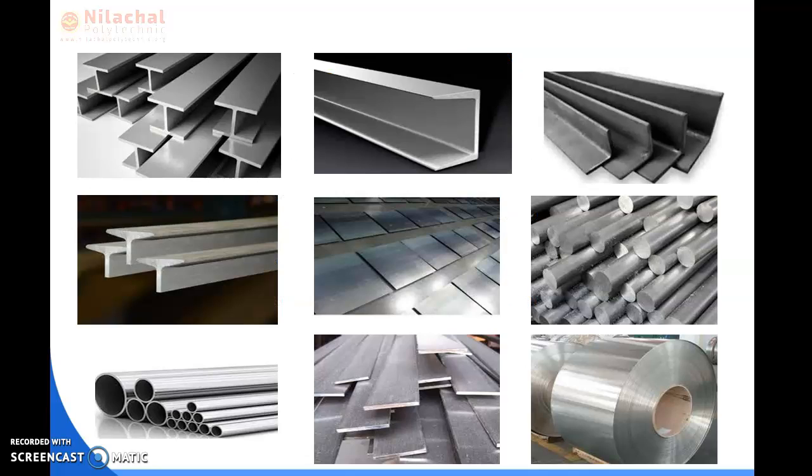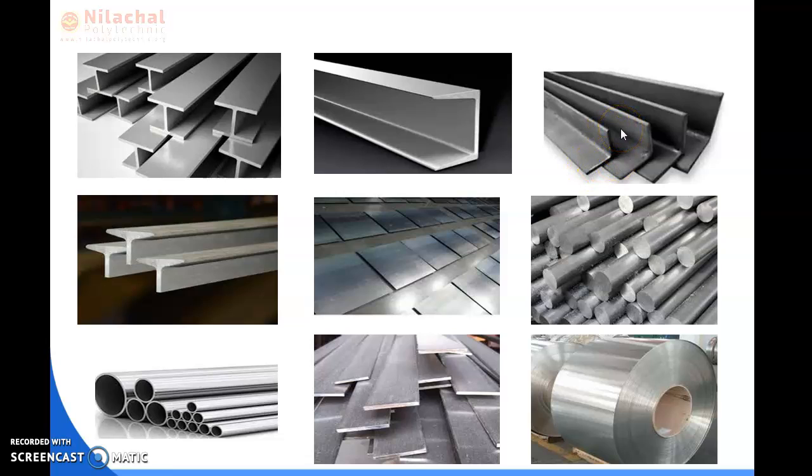So these are the figures of all the rolled steel sections. This is the I section. You can see here the web and these are the two flanges of the I section. Then this is the channel section, because it is C type, a curved type section. These are the angle sections, because here two legs are there.